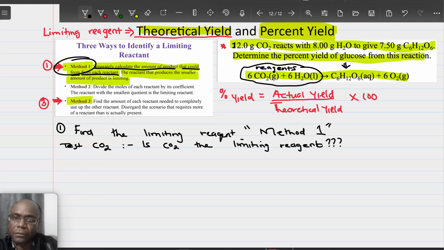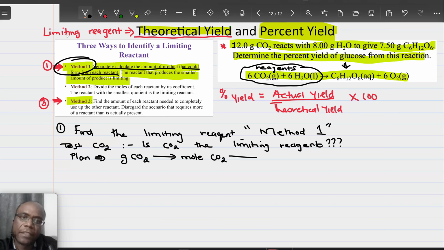Okay, so now the plan here is to go from grams of CO2 to moles of CO2. Then I can find the moles of the glucose, because moles and moles relate based on the chemical reaction mole ratio.